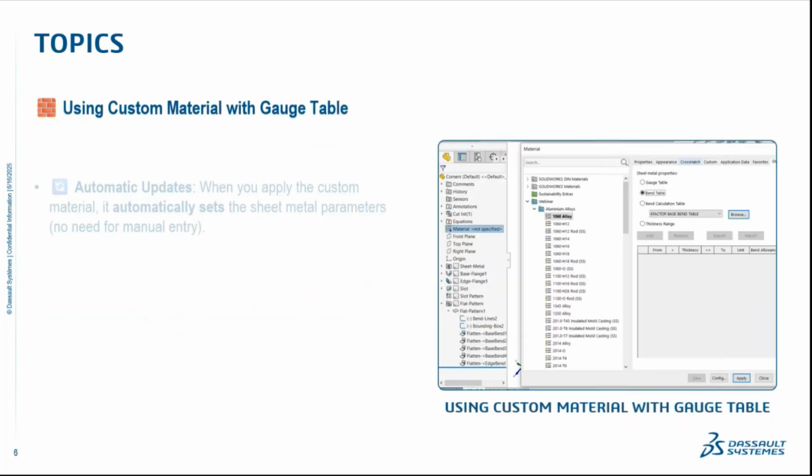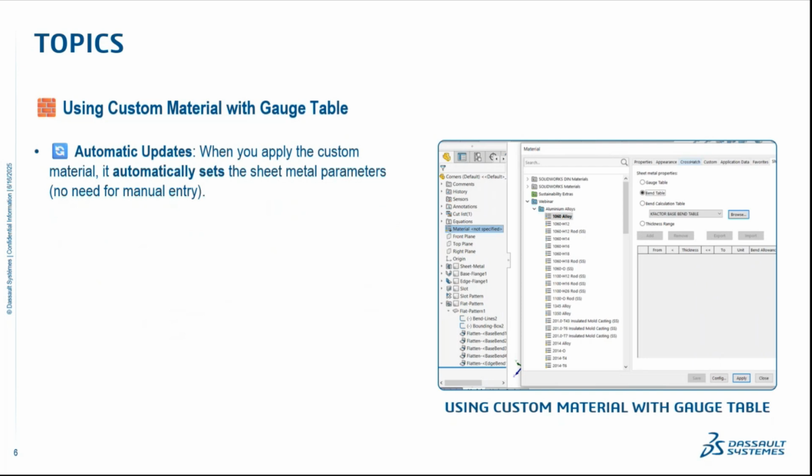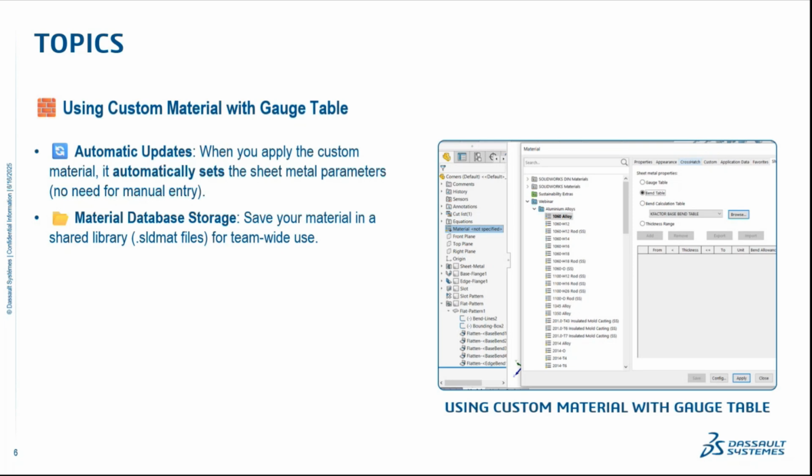And as we all know, it will automatically update if you make any changes in those tables which are outside SolidWorks. And yes, you have to make a material database backup, which will be saved in this file format specifically. You have to make your own material database and have a backup of that.